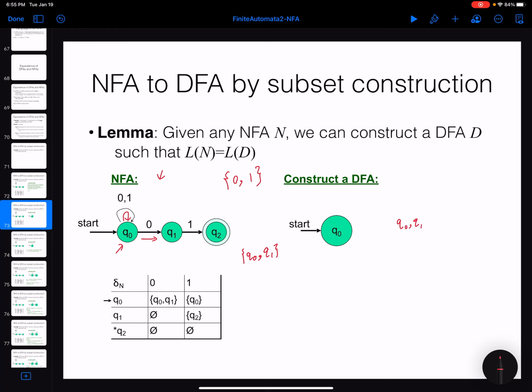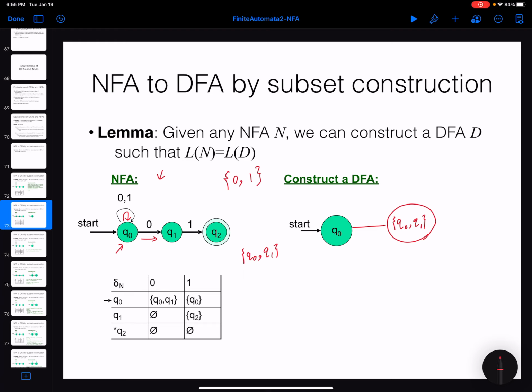I'm going to mark them this way to just make sure that I don't lose track of all the possibilities. So in my DFA, one new state has been created, and that state I am calling Q0, Q1. Don't be confused.